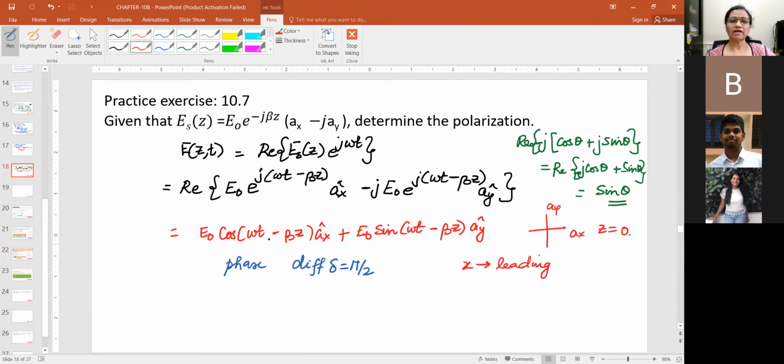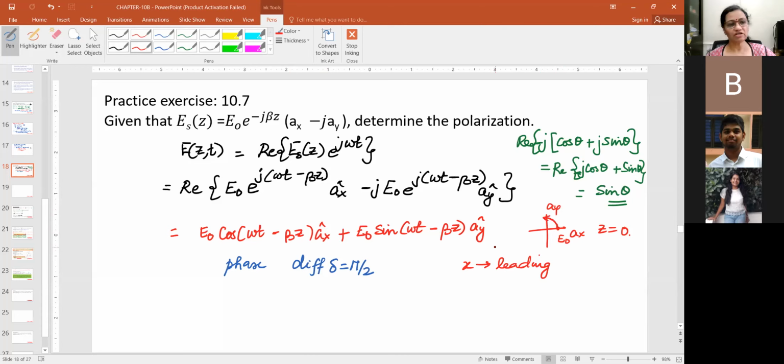And at a time t equal to 0 and z equal to 0, what will this equation become? Cosine of 0 is 1. So X component will become E0, Y component will become 0. Then the next will be at pi by 2. You tell me what will happen. At pi by 2, this first part will become 0. The second part will become plus E0. Therefore, it will be traveling like this.